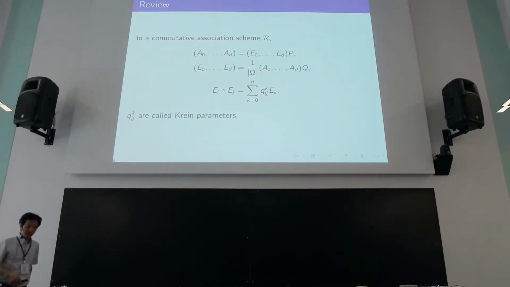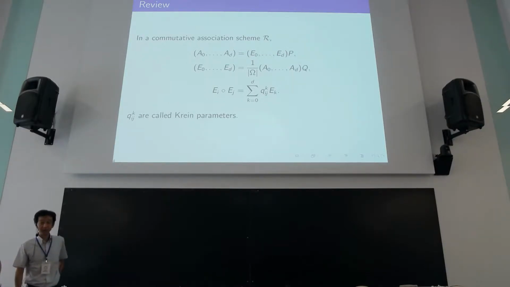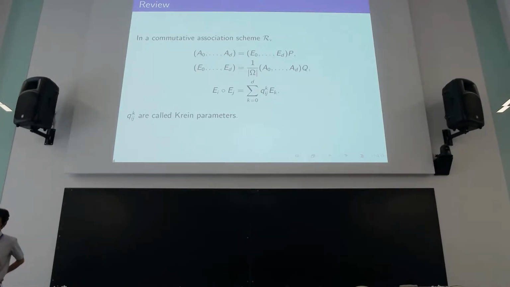That was the basis for a combinatorial application, because the non-negativity could be used to derive some inequality for combinatorial objects, either the association scheme itself or subsets of the association scheme like cliques.